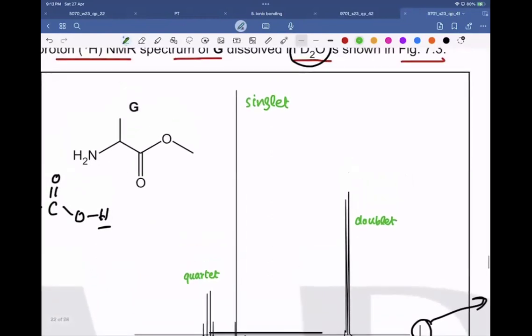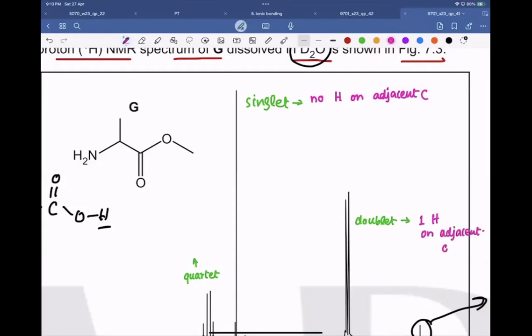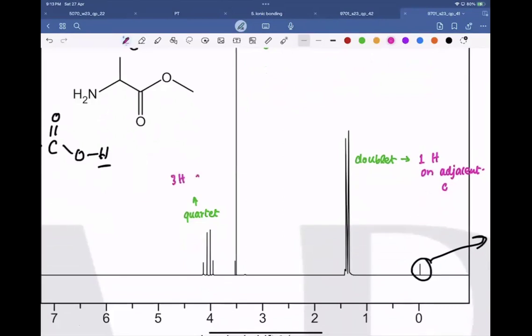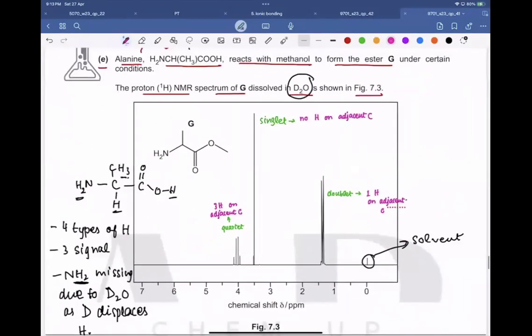So what we conclude from here: a singlet means no hydrogen on the adjacent carbon, a doublet means one hydrogen on the adjacent carbon, and a quartet means 3 hydrogens on the adjacent carbon. Is this clear?